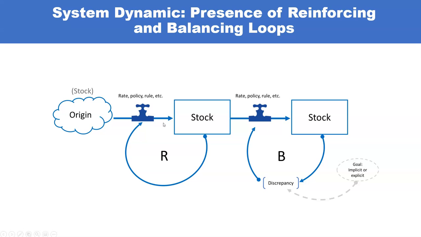There's a delivery mechanism, and its flow into the stock is affected by some rate, but that rate is really informed by this reinforcing loop, right? And as that stock moves on to its adjacent area, it might have a balancing effect. Inflows or outflows, but the net of that is a sense of implicit goal where they try to maintain some kind of stability. All right.